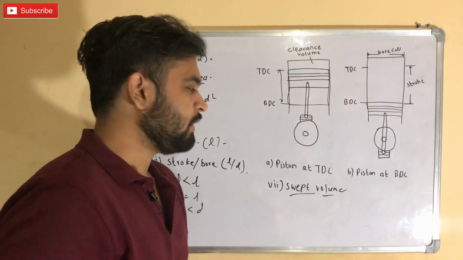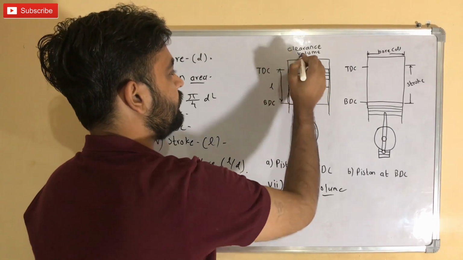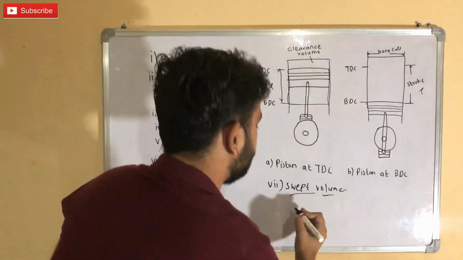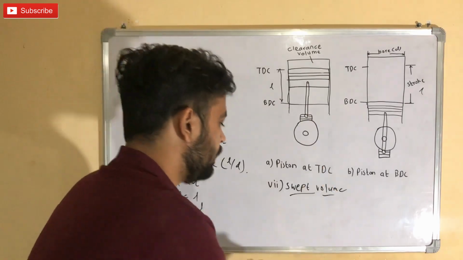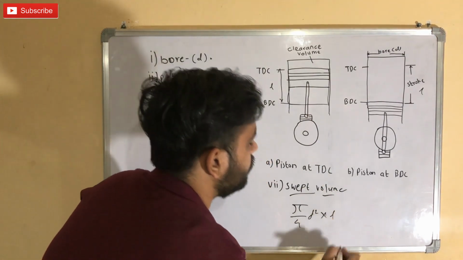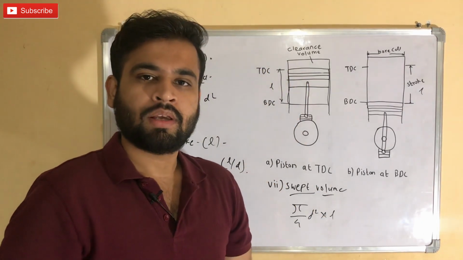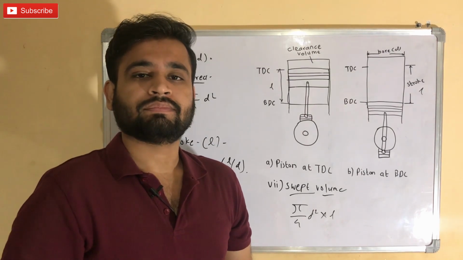The formula is very simple. As we know, this is L and this is D. The swept volume is area into length. So the area will be pi by 4 D square into L, which is the stroke. This is the swept volume, which is very important when specifying the size of the engine.